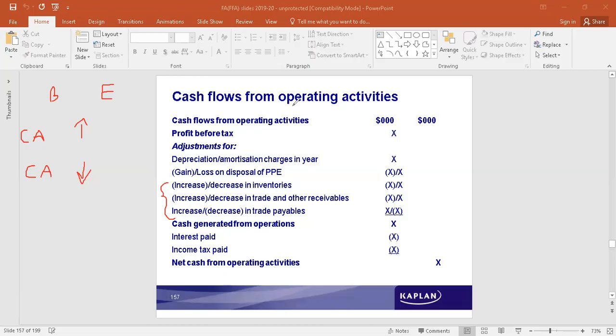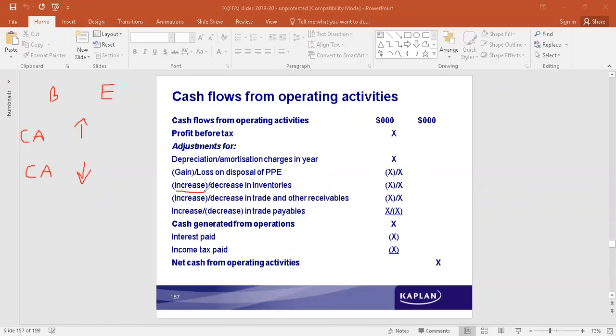So when we are specifically treating the current assets and current liabilities, any type of current asset, when it increases, results in a cash outflow.